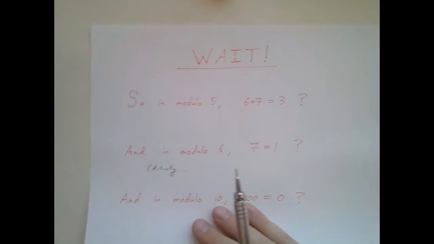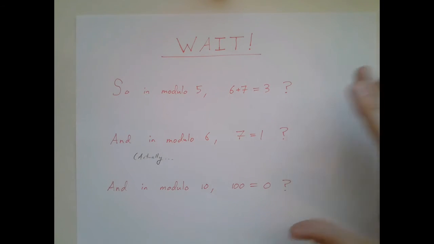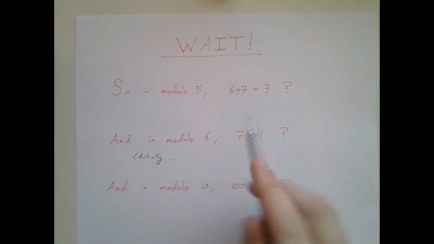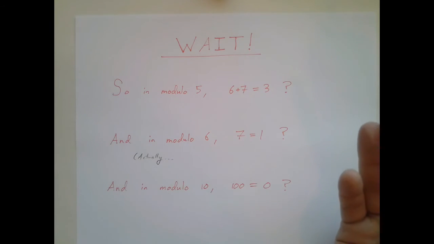Okay, so if you played around a little with stuff earlier, you might be thinking, this is weird. You might be thinking, this is really strange that numbers are equivalent that shouldn't be. Like in mod 5, 6 plus 7 is 3? What? Like normal math, that doesn't really make sense, right?